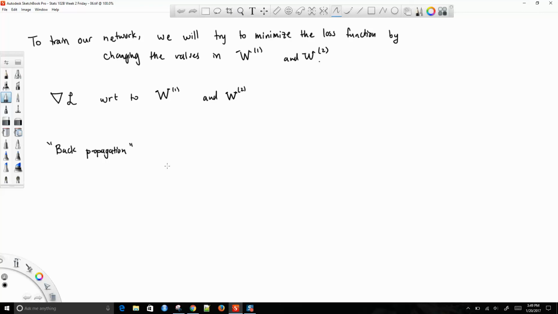Effectively you want to take the derivative of your loss function. But whenever you take the derivative of a function within a function, which is kind of what we have here, what do you have to do? Chain rule, right? And that's what back propagation is.